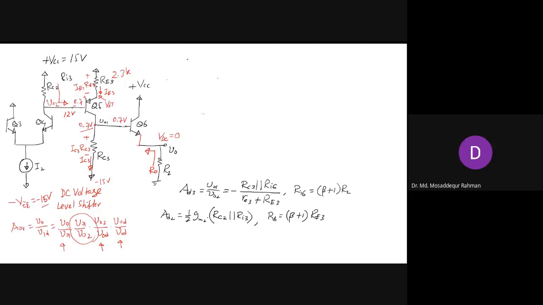What will be the output resistance then? It is not infinite. Only the current source part is infinite, but we have resistance coming from that. We need to consider that we have a small RE3 plus what additional term?